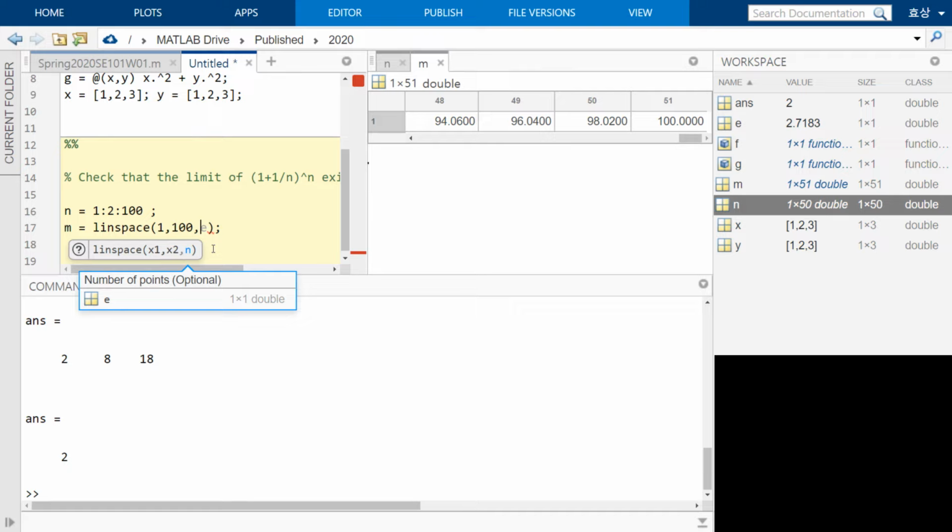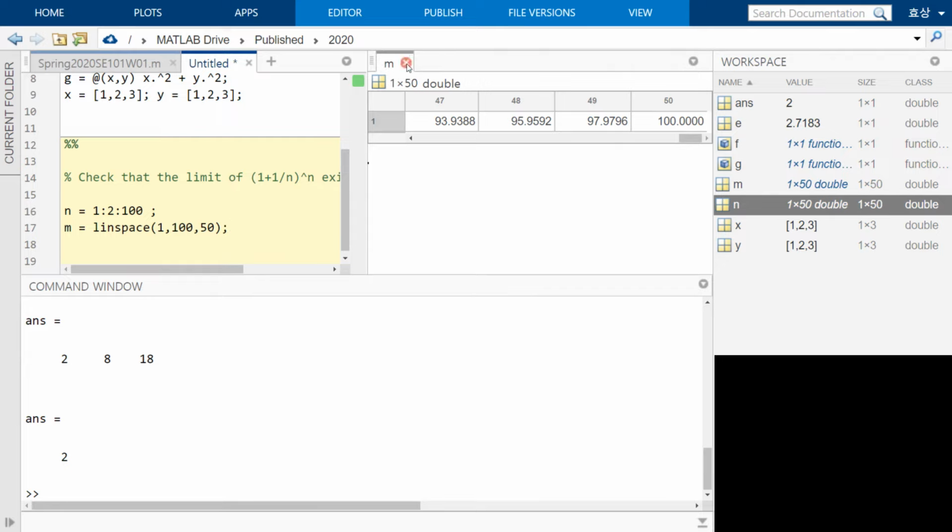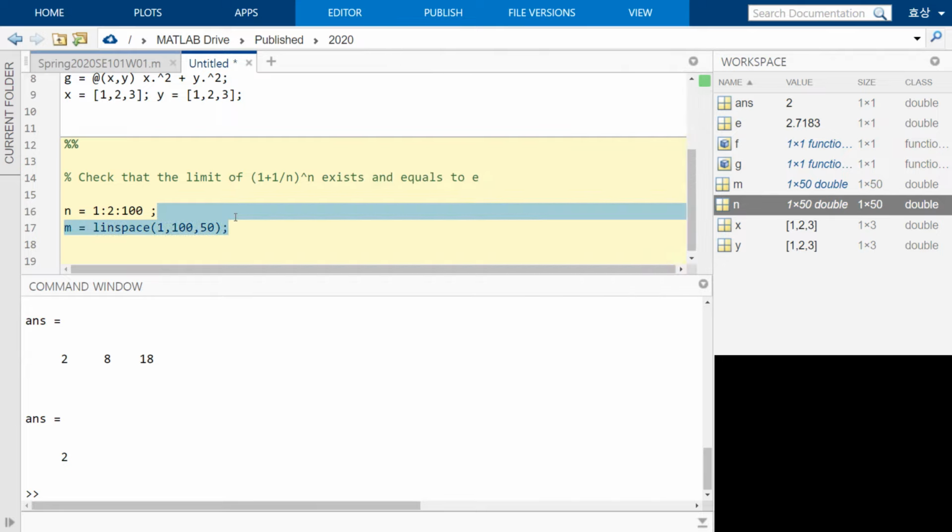I think there's no integer step size from 1 to 100 with 50 values. So there's no way to create an array with an integer step size using linspace. In this example we only use integers, so we're not going to use linspace here.